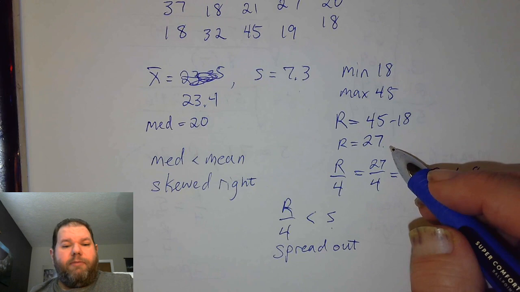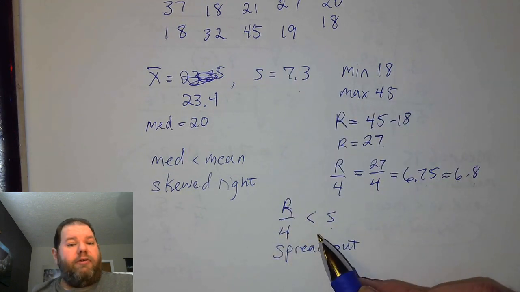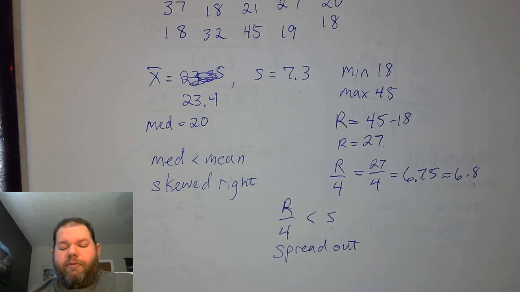Anything more than that would be less than or greater than. But I don't want you to have to worry about that too much. And again, that's not a hard rule. That's one that I kind of use myself when I look at these things as far as the judgment call goes.